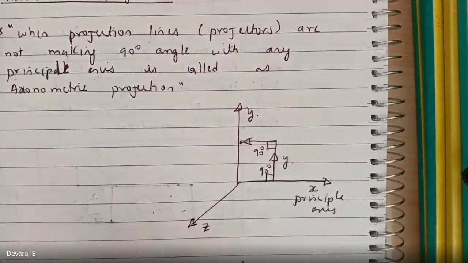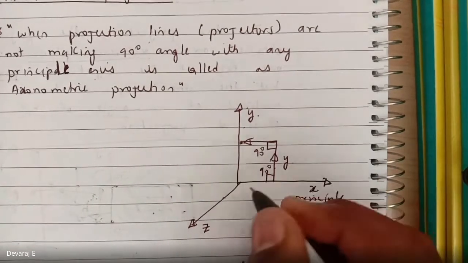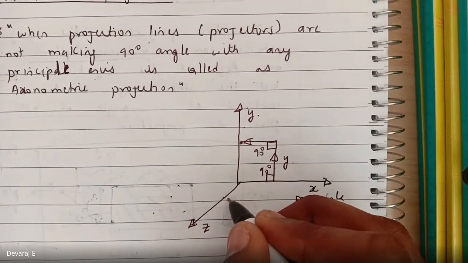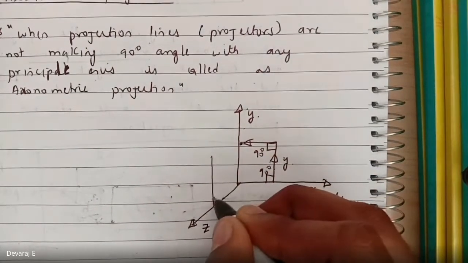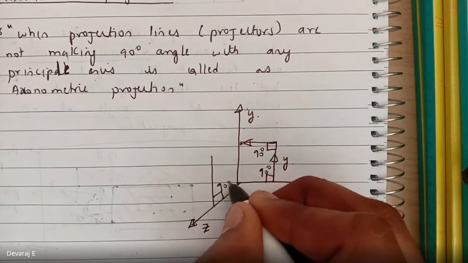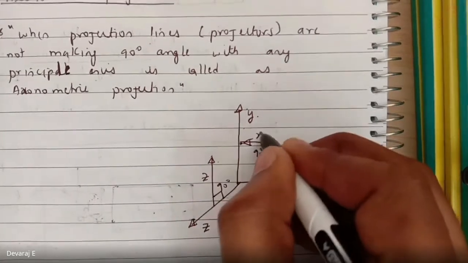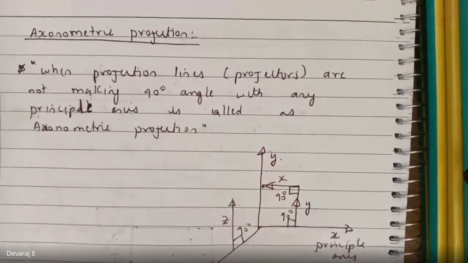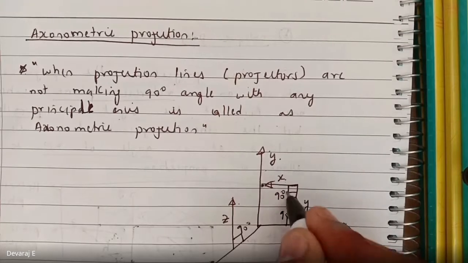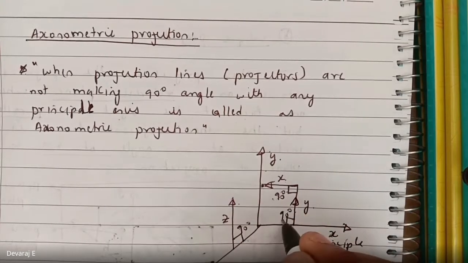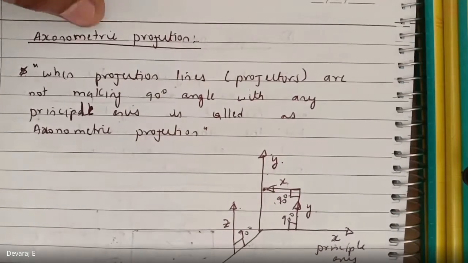Similarly, if you represent the Z axis like this, with respect to Z, X or Y, the projectors should not be at 90 degrees. So this is called axonometric projection. Is everyone clear?